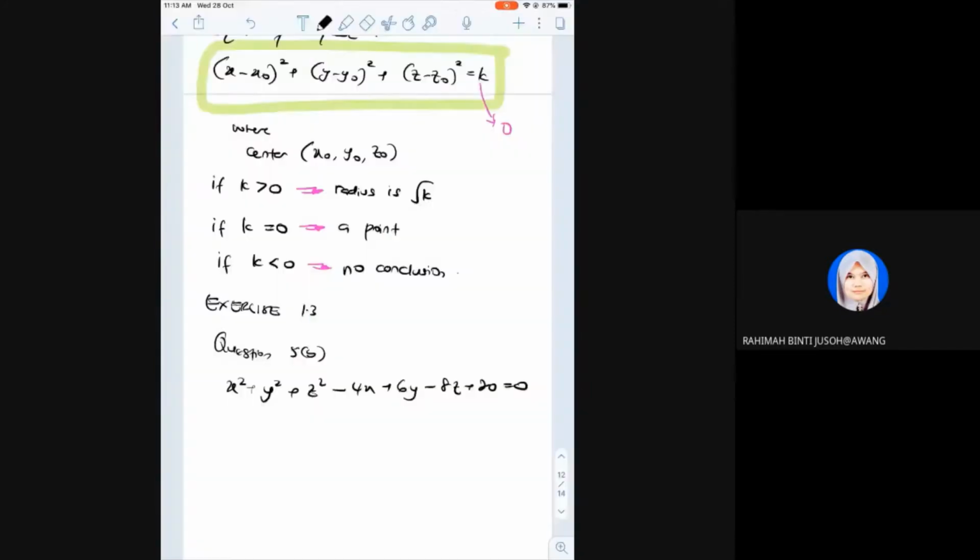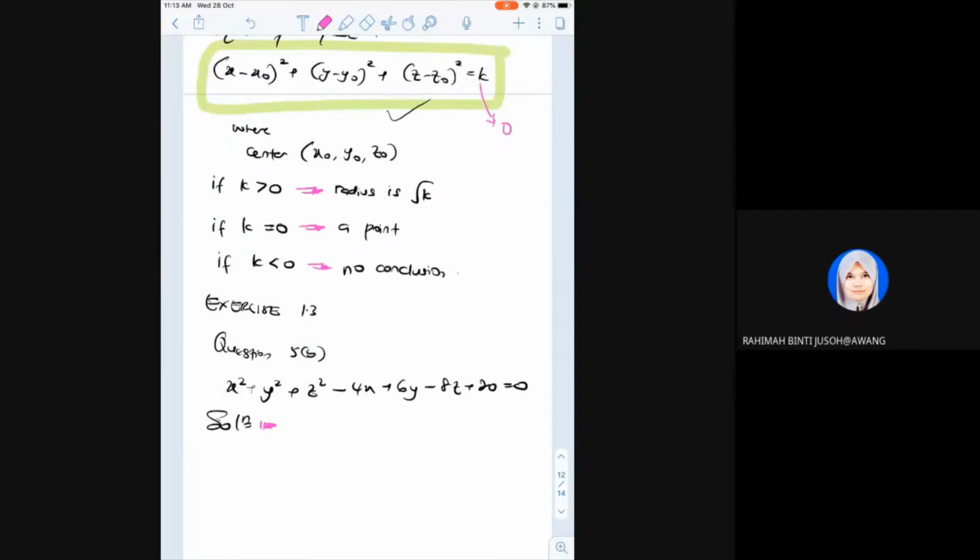Okay, let me teach you how do we change from this equation to the general equation here by using the completing square. Okay, so solution step by step, guys.